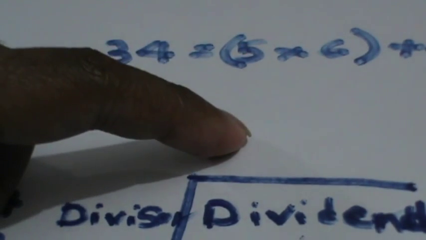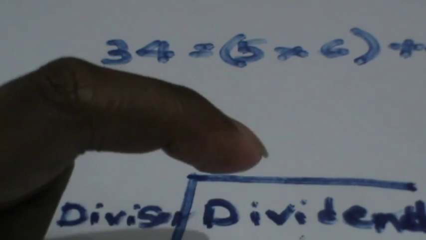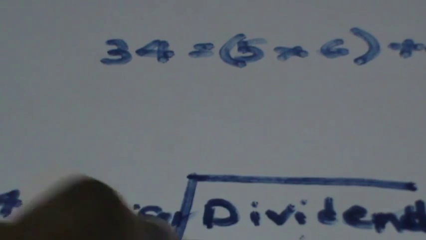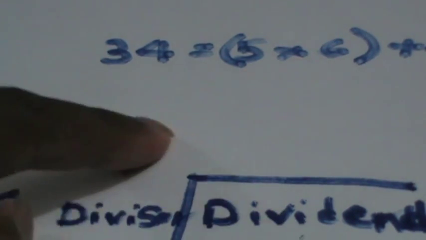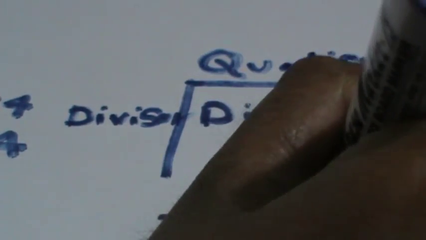That integer multiplied by the divisor gets the closest multiple of the divisor to the dividend. That term is called the quotient. And what remains is called the remainder.